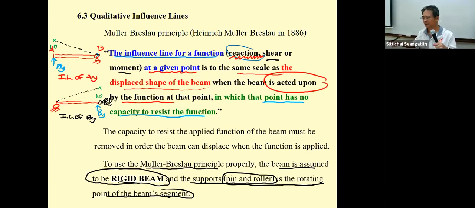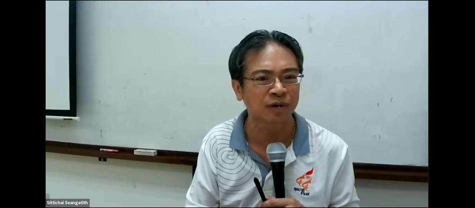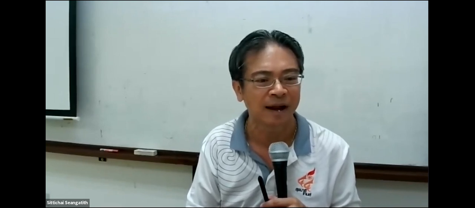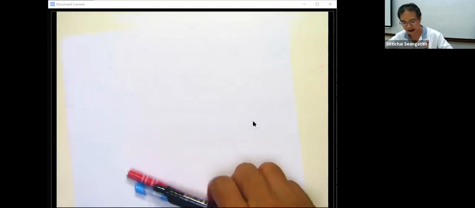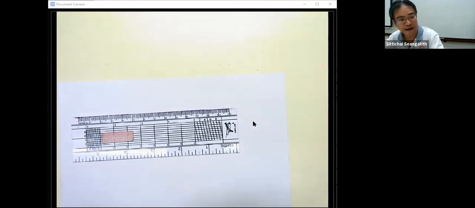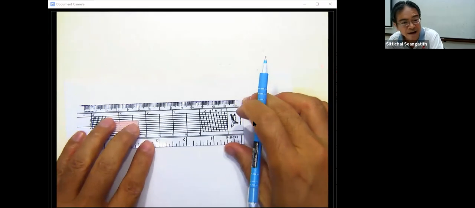Let me start again by showing you the influence line diagram of a beam, and then we will discuss more later. Let me demonstrate. That's going to be the best way to learn about this. Let's say we have a beam that is statically determinate.